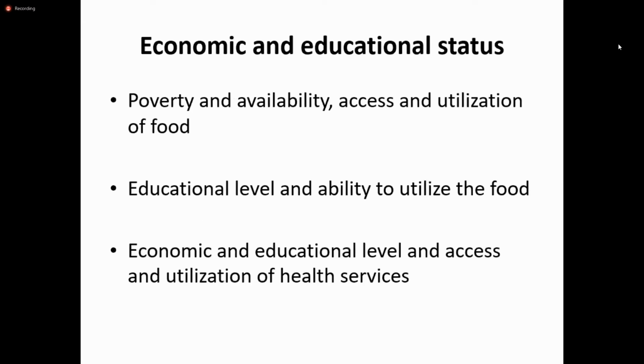Economic or education status can also reflect the nutritional status. Again, this is beyond our control. Poverty, availability, access or utilization of food can result in undernutrition. Because of this, our remote areas may have more undernourished children as compared to urban areas.